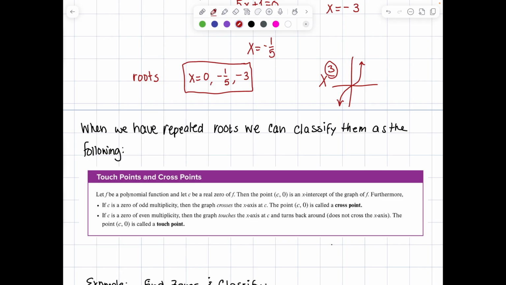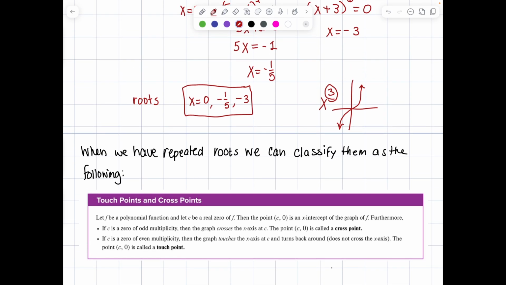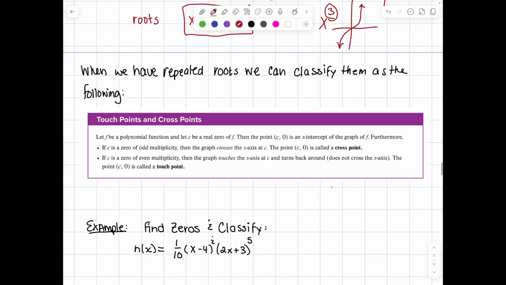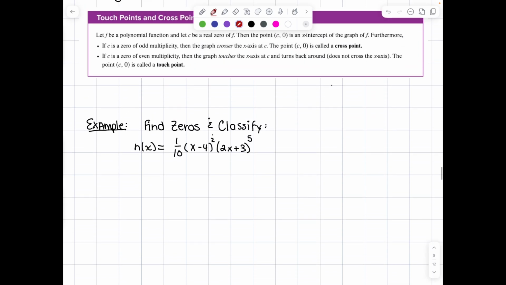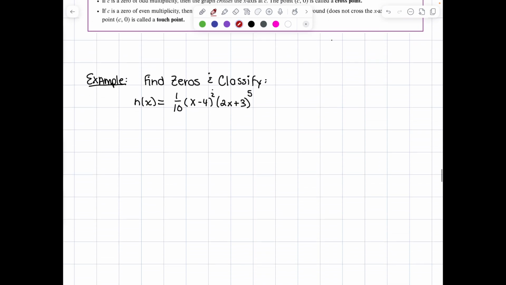Now, if you have a zero with an even multiplicity, think x squared. X squared at its root doesn't cross it. It simply touches the origin. That's how I like to remember it whenever I have to classify multiplicities. If it's an even multiplicity, it's going to simply touch and turn back around. It does not cross. It'll have a little cup type thing there.